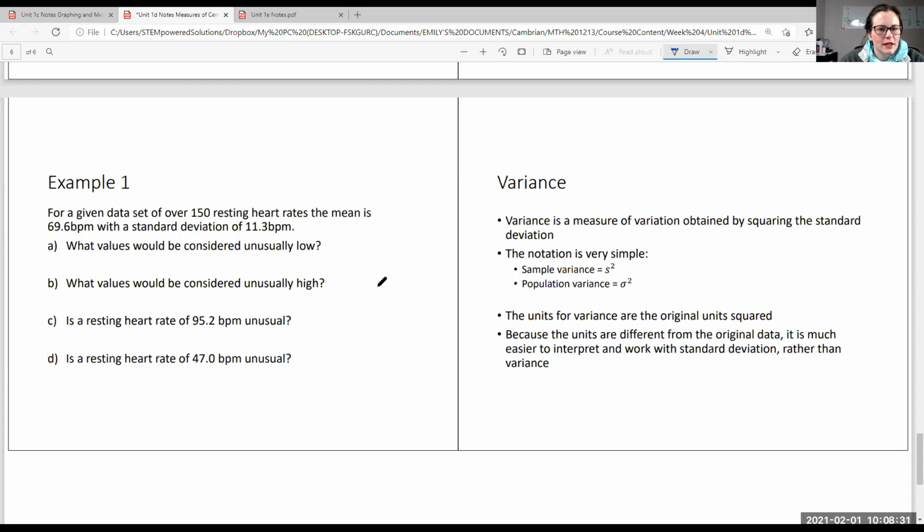The standard deviation is 11.3 beats per minute. What values would be considered unusually low? Does anyone have an answer for that? Can someone pipe up and tell me how they would approach this problem? Well, didn't you use the 11.3, and anything below that would be unusually low?